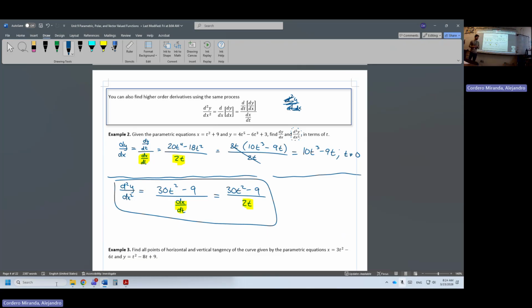Okay, and now let me convince you for real, but I'll do it right here on the side. What I'm saying is that if you have dy/dx, which is what we had before, and you take the derivative of that with respect to t, then you don't get what you want. I'm going to try to convince you with a fractions argument. If you just do this to dy/dx with respect to t, then what you get is this.